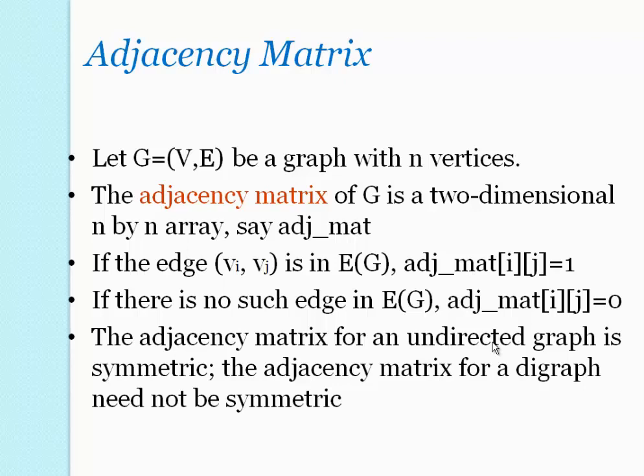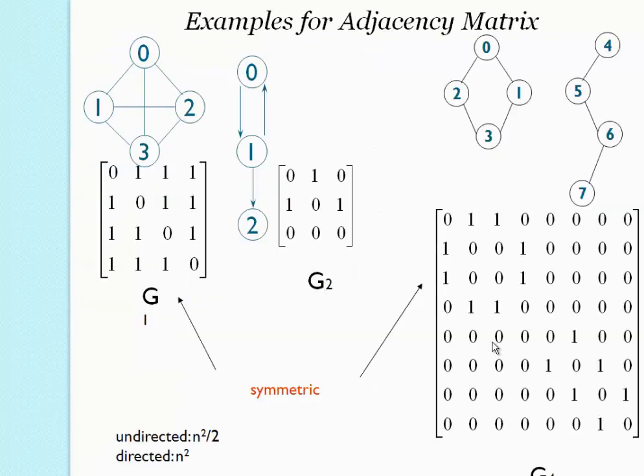If there is no such edge in E(G), adj_mat[i][j] = 0. The adjacency matrix for an undirected graph is symmetric. The adjacency matrix for a digraph need not be symmetric. Examples for adjacency matrix. The matrices for the graphs G1, G2 and G4 are as shown below. Graphs G1 and G4 are symmetric.